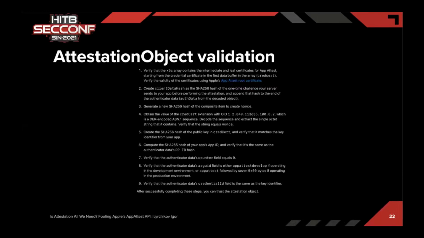Actually, it could help you detect whether a possibly tampered attestation object was incorrectly assembled using, maybe, a development certificate or something, so it could help in behavioral analysis. Then you verify that the authenticator data's credential ID field is the same as the key identifier from step 1.